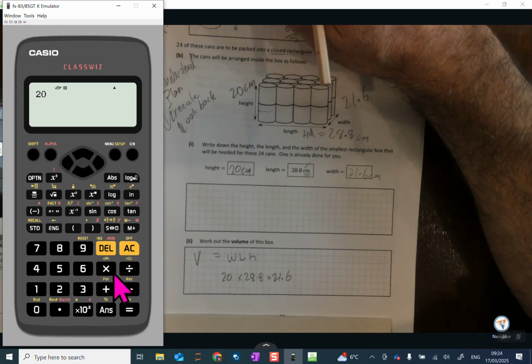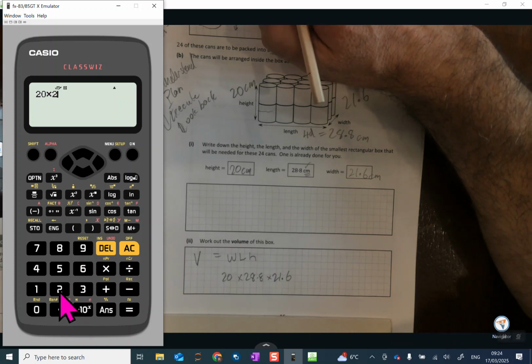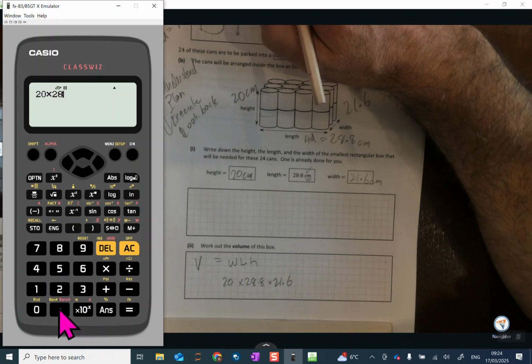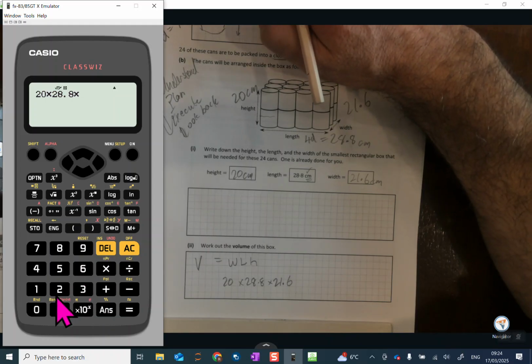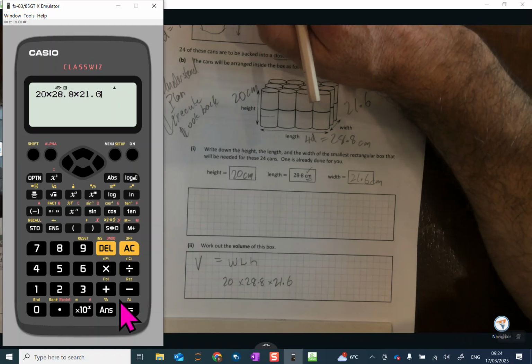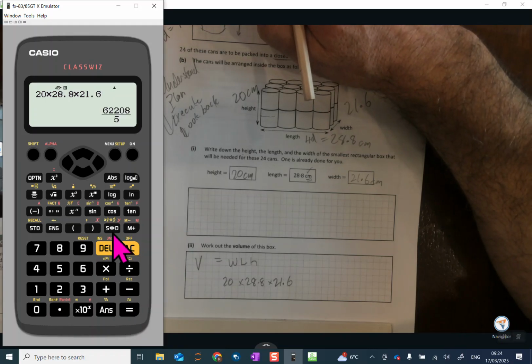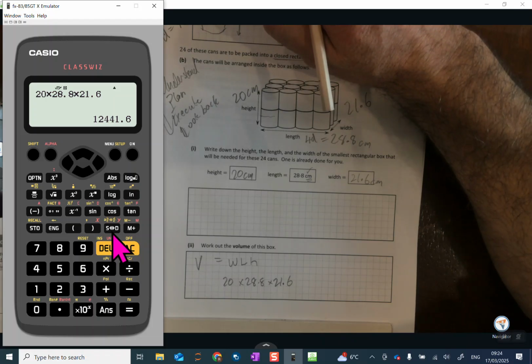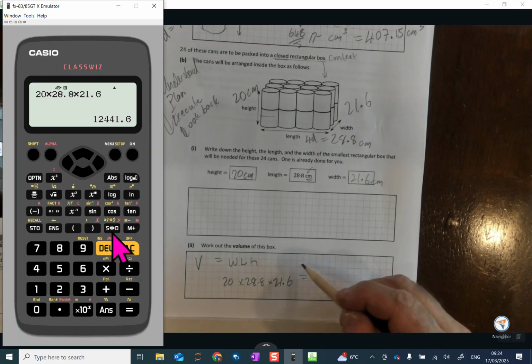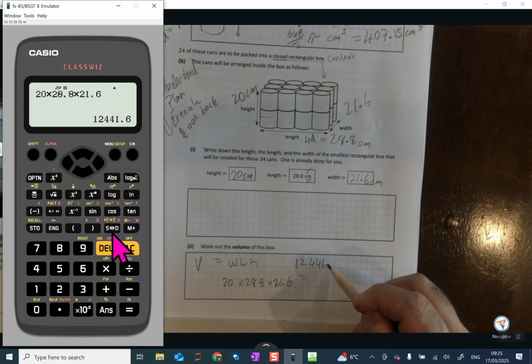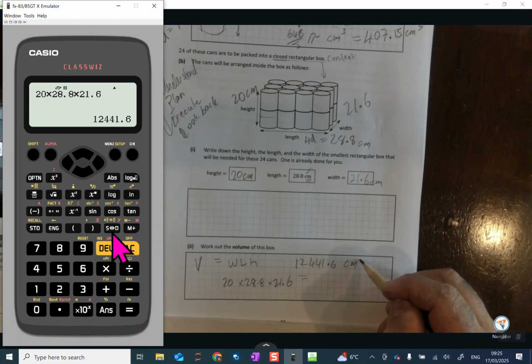So 20 by 28.8 by 21.6 equals 12441.6 centimeters cubed.